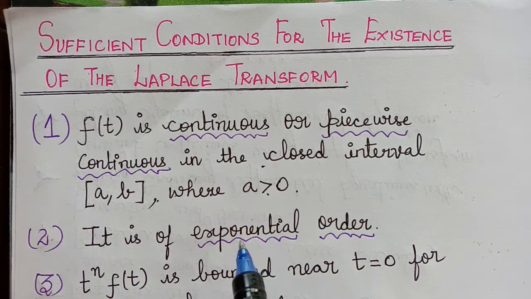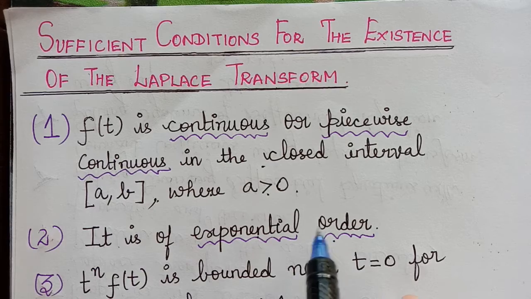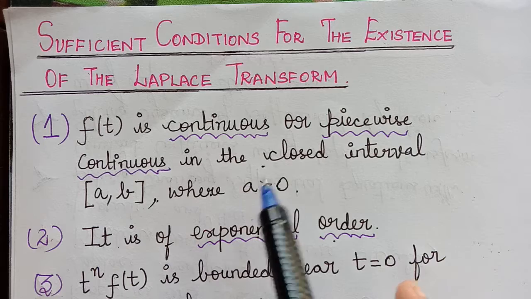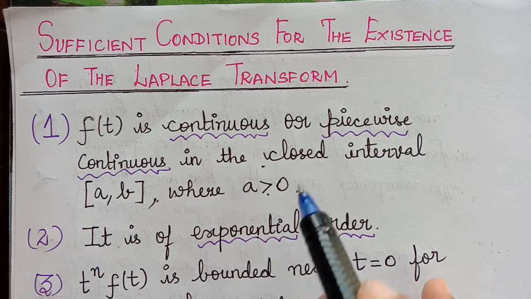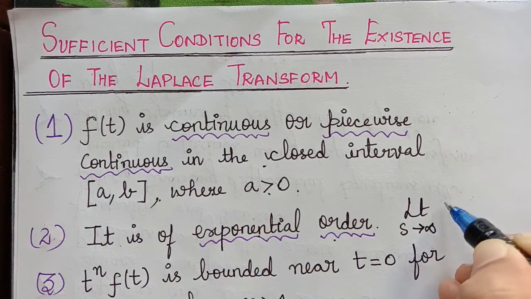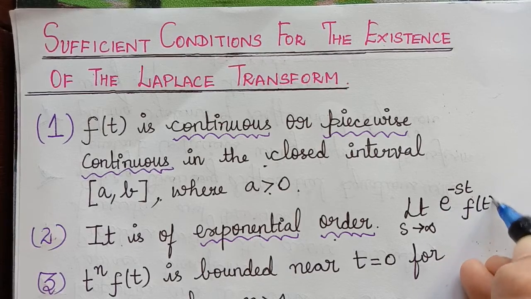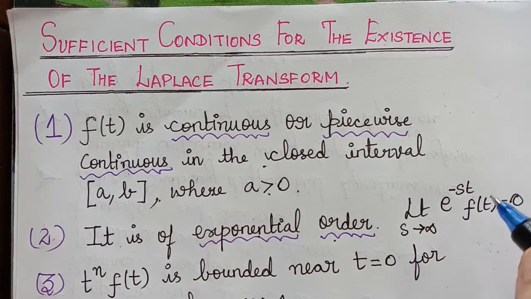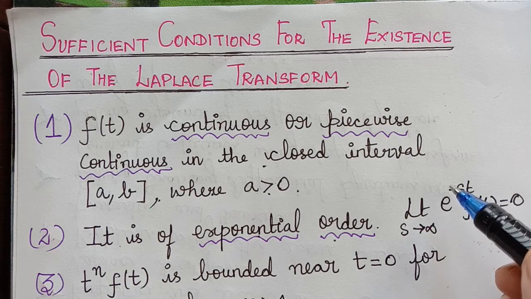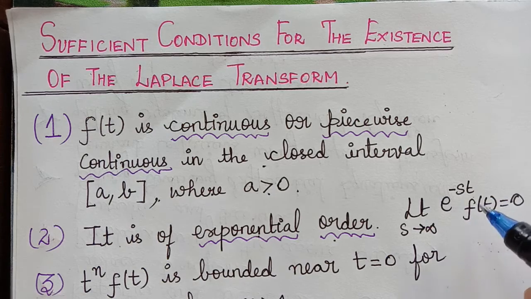The second sufficient condition is that it is of exponential order. What is this exponential order? A function f of t is said to be of exponential order if the limit as t tends to infinity of e to the power negative s t times f of t is equal to 0, or if for some s naught, the product e to the power negative s naught t and modulus of f of t will be bounded.